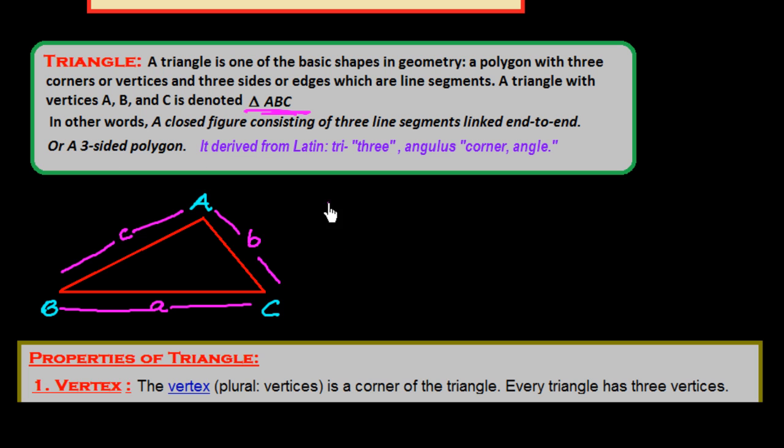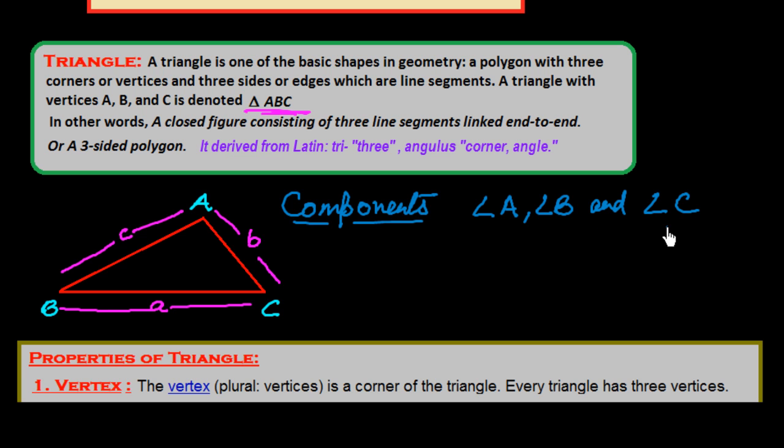So we could write the components we have in this triangle: vertex A, or we could say angle A, angle B and angle C. These are the vertices or the angles, and the others are the sides, side AB, BC and CA.